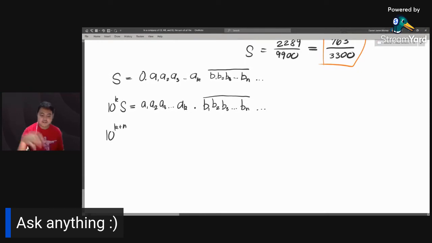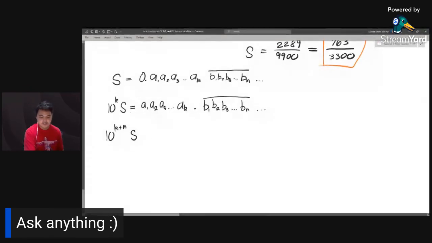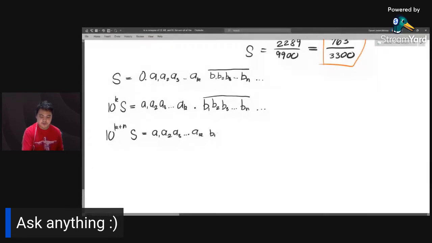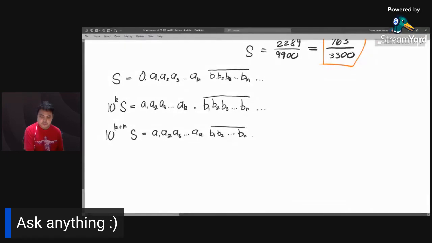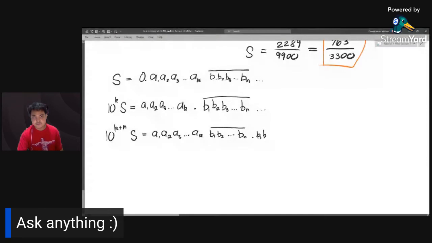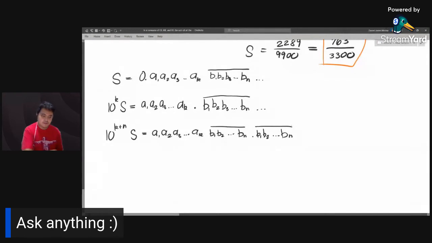So, 10 raised to k plus n times S is equal to A sub 1 up to A sub k, then B sub 1 up until B sub n, point, syempre, repeating yung decimal, B sub 1 up until B sub n. Ay, wala pala dapat bar dito sa taas. Then dot.